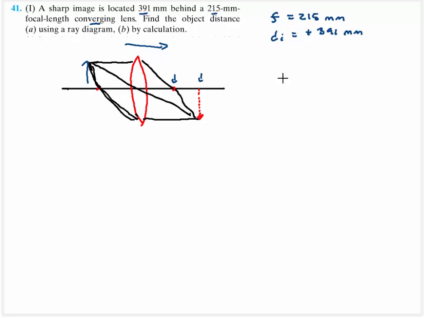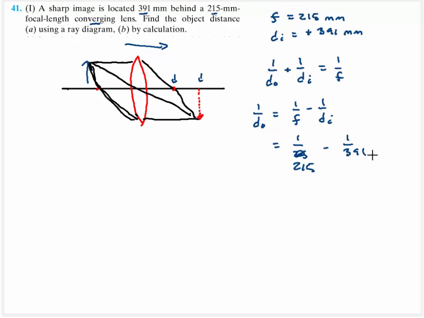So for the calculation, I have one equation: 1 over the distance to the object plus 1 over the distance to the image is equal to 1 over the focal length. So 1 over the distance to the object is equal to 1 over the focal length minus 1 over the distance to the image. So 1 divided by 215 millimeters minus 1 divided by 391 millimeters.